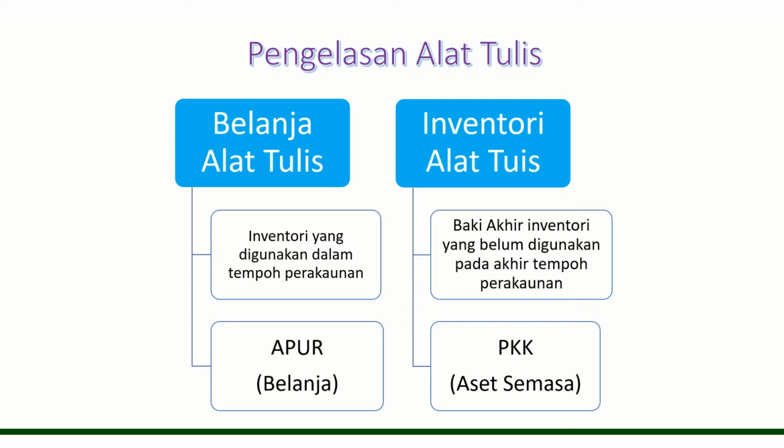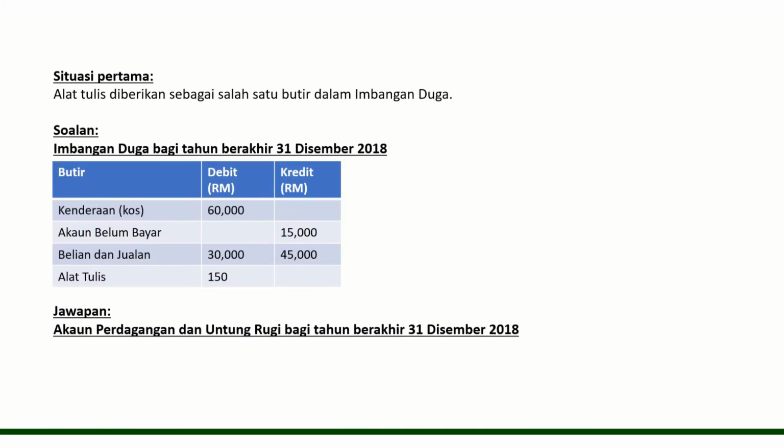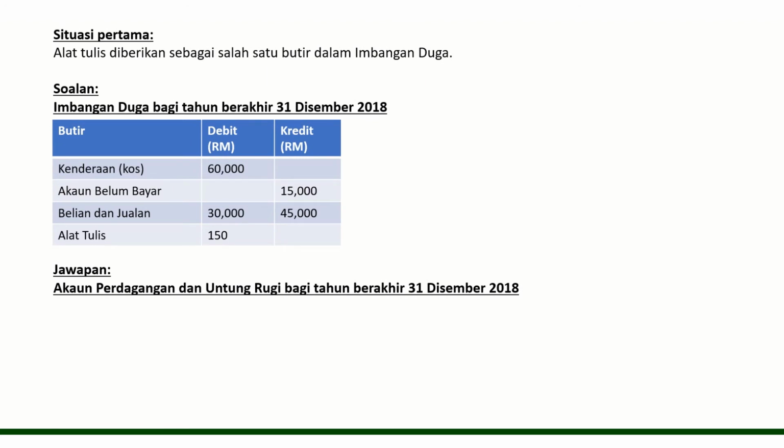So whatever inventory alat tulis which is left over at that time is the one that we would call inventory alat tulis, and it would go into PKK under category asset semasa.